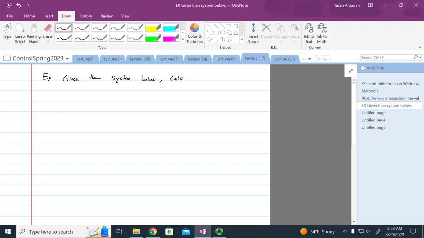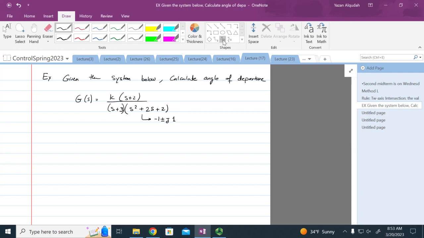I'm going to calculate the angle of departure. And our system is G of s equal to K multiplied by s plus 2 divided by s plus 3 multiplied by s squared plus 2s plus 2. And the roots of this quadratic equation are negative 1 plus or minus j1.